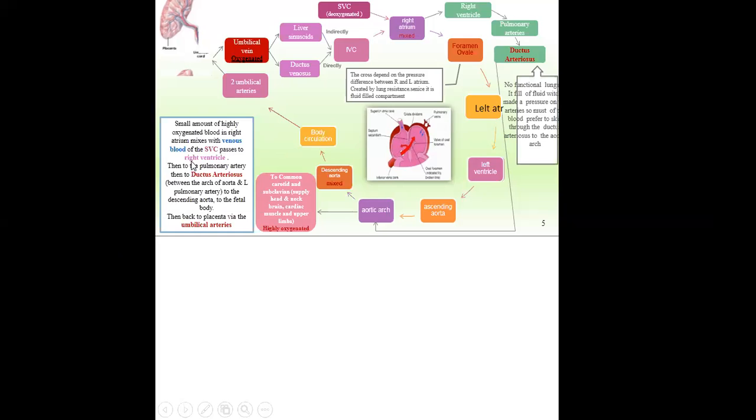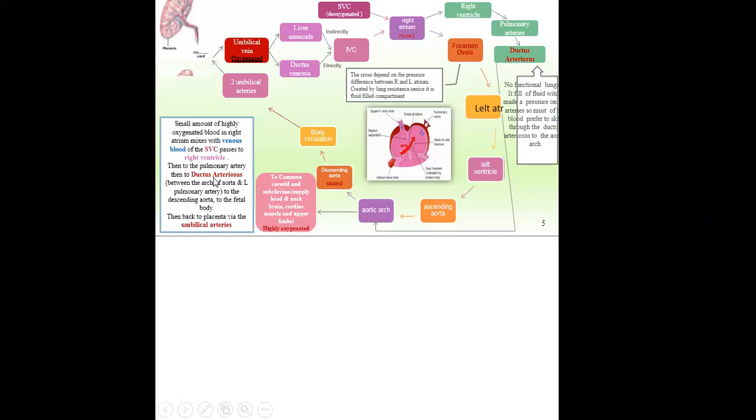So, with the venous blood from the superior vena cava passes to the right ventricle, then to the pulmonary artery, and as I told you, only approximately 10% goes to the lungs, and the remaining quantity of the blood passes to the descending aorta to supply the inferior part of our body, and this is through the ductus arteriosus.